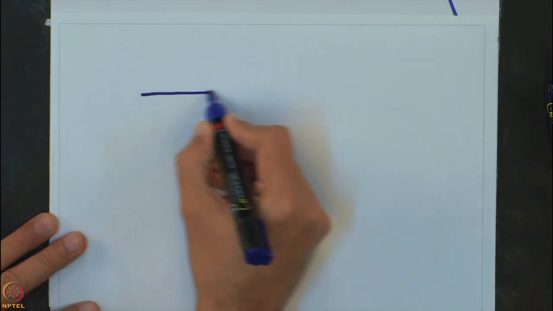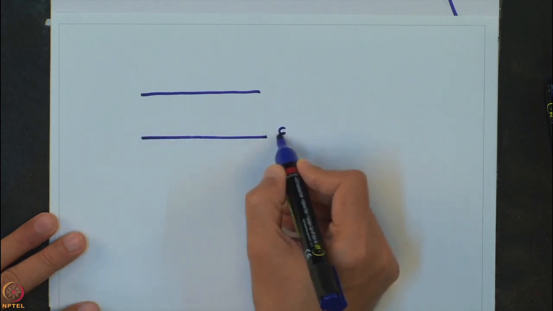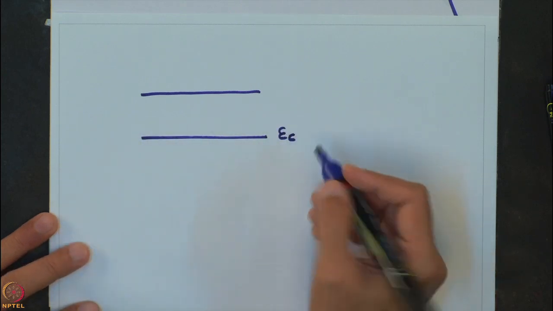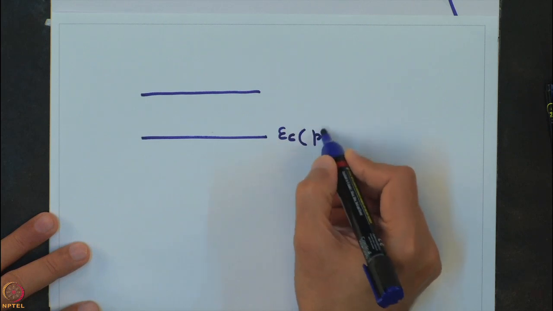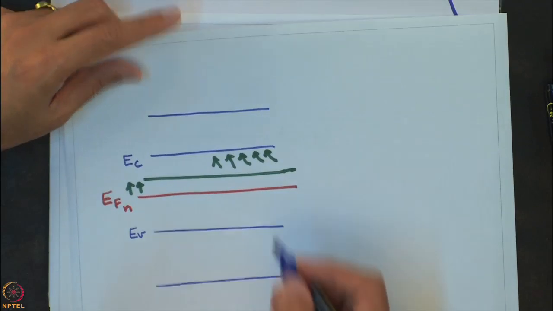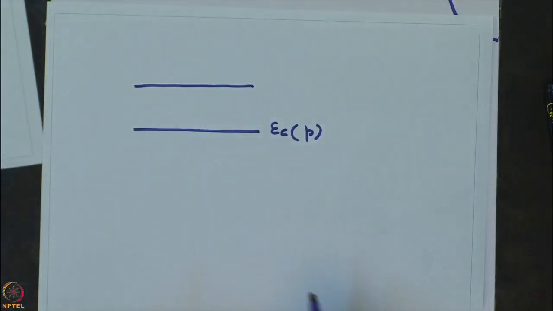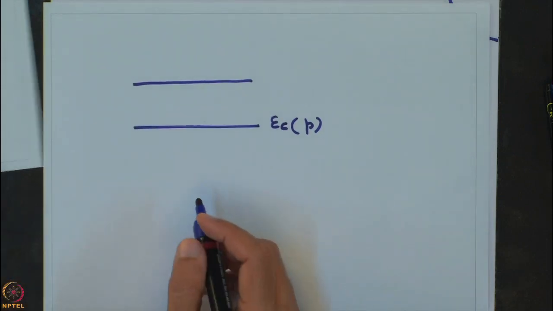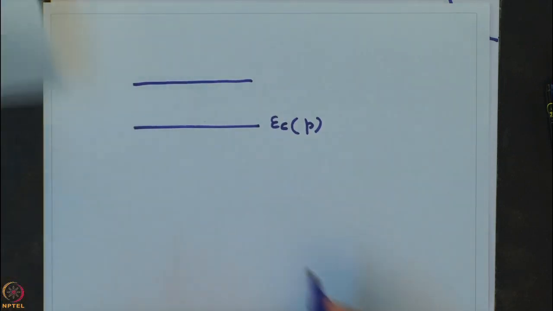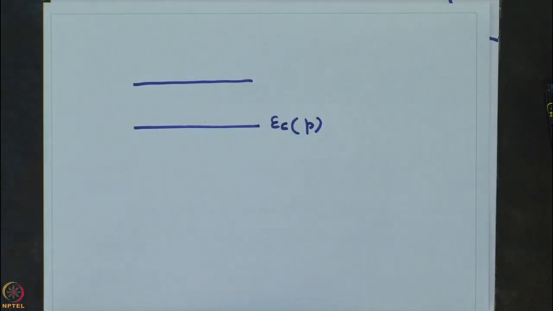As before, this is the conduction level, and let me say P here, just to mention that this is the p type, and here also let me say N, to show that this is the n type in the previous diagram, and also EV of n here.